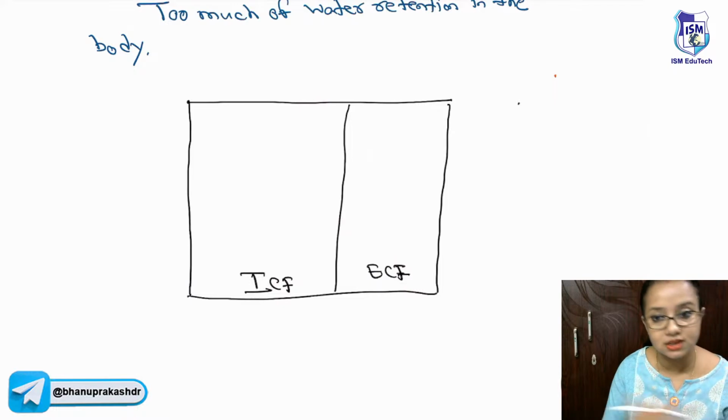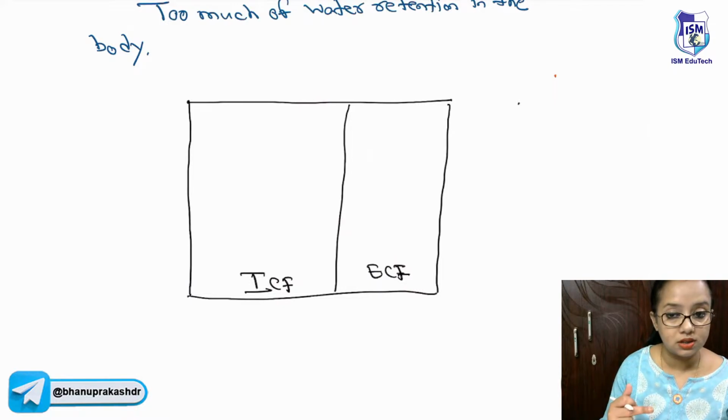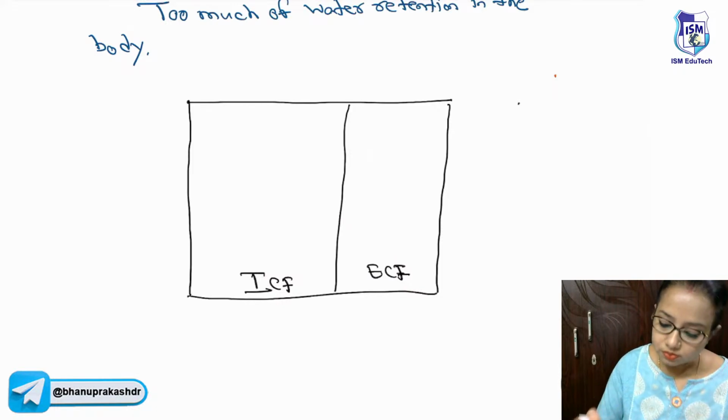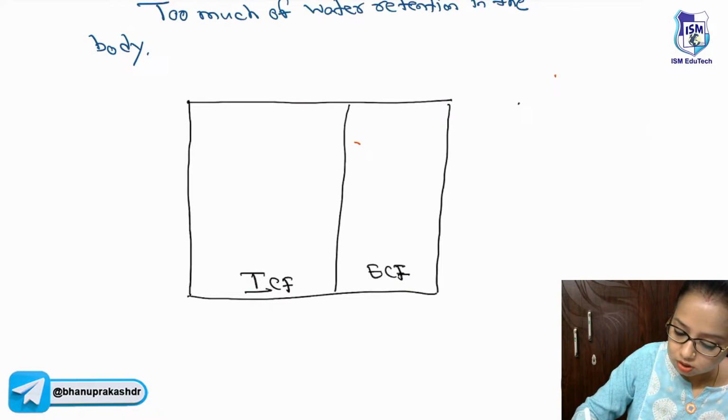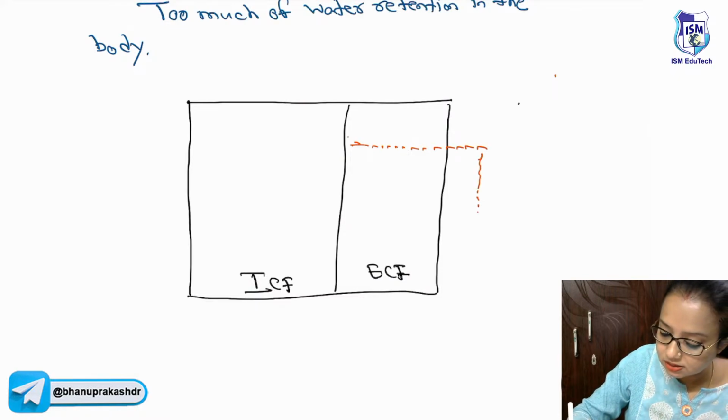It is like water that is getting retained in larger quantity. So only water makes it hypoosmotic compared to the body fluid that we are having. So first thing that will happen, the volume of the ECF will increase.